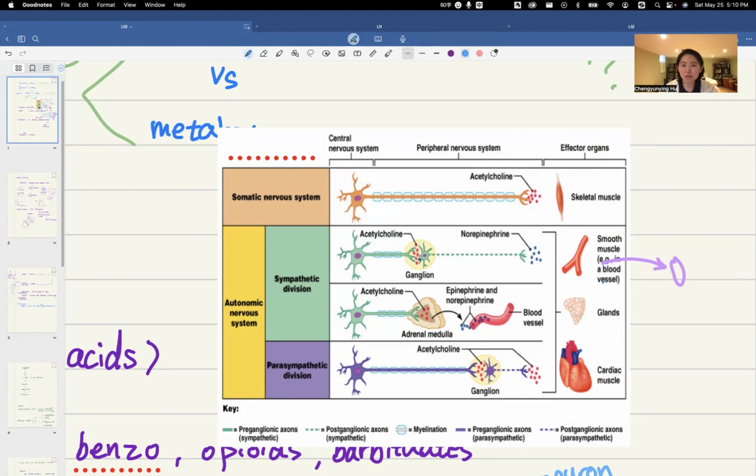And what receptor is on the second order neuron? When I say second order neuron, this one is the first order neuron and this one is the second order neuron. And between them, at the ganglion, we have a receptor that's receiving the acetylcholine. Do you think it's nicotinic or muscarinic?